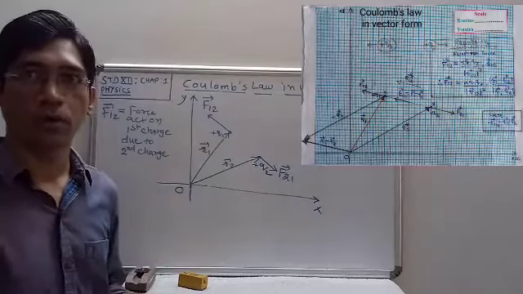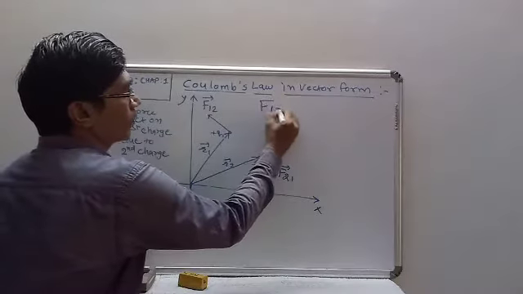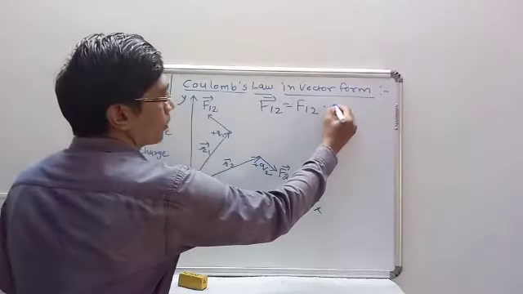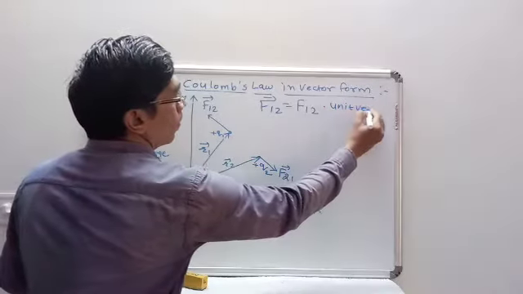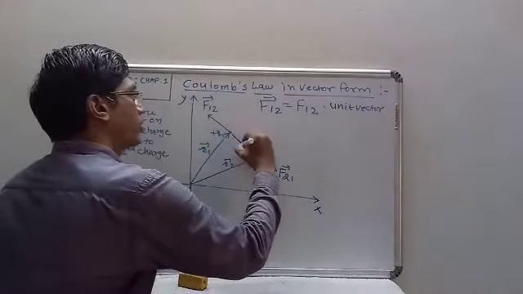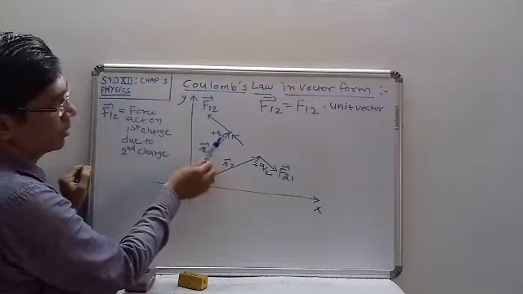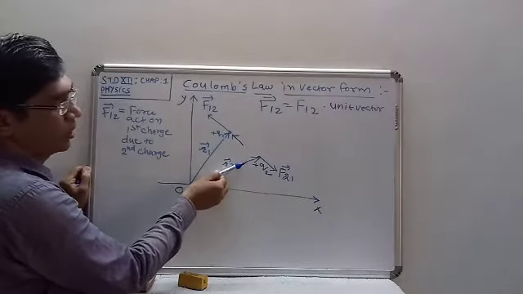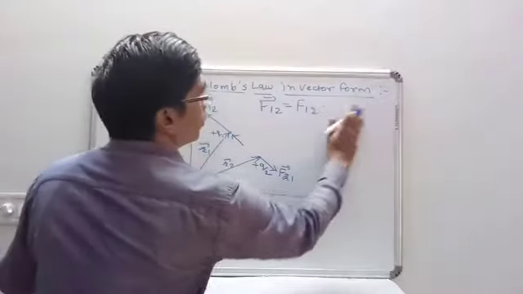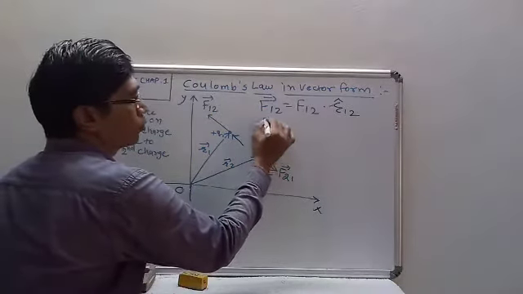We are using Coulomb's law, and this is a vector quantity. So we can write the vector quantity like F12 is equal to magnitude F12 into unit vector. Here we are taking the unit vector in the direction of F12. The unit vector is given by the difference of the position vectors R1 minus R2. So we can write the unit vector as R12. What is the unit vector R12?